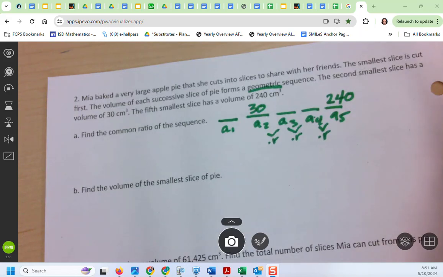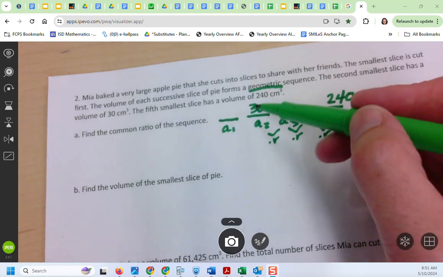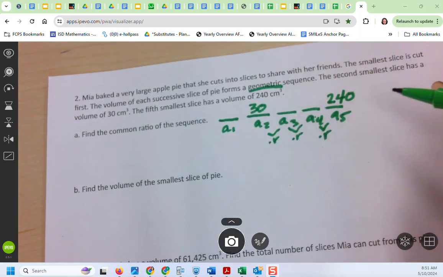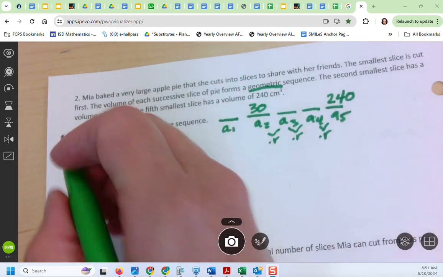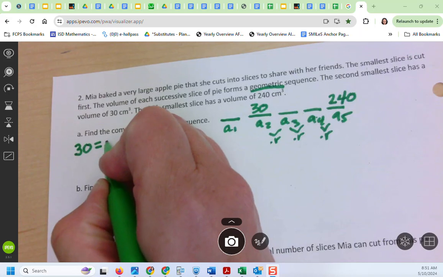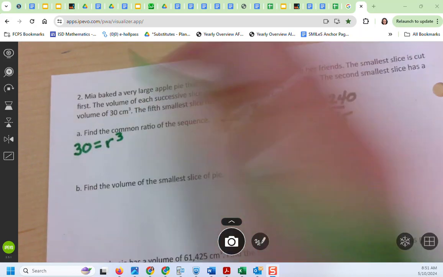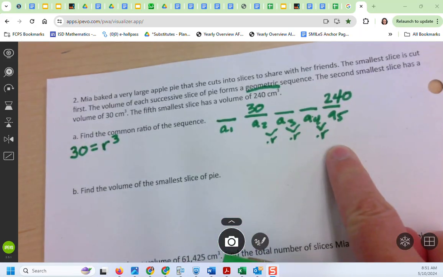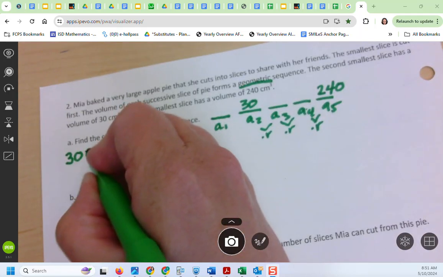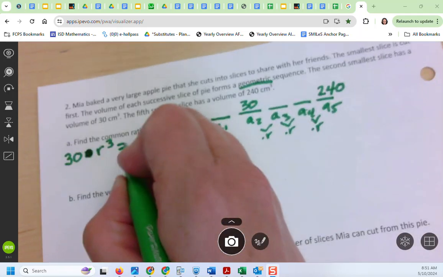We don't know the first one either. But I know to get from 30 to 240, we have to multiply by R 3 times. So one way to write that is 30 times R to the third, because that's 1, 2, 3, equals 240.